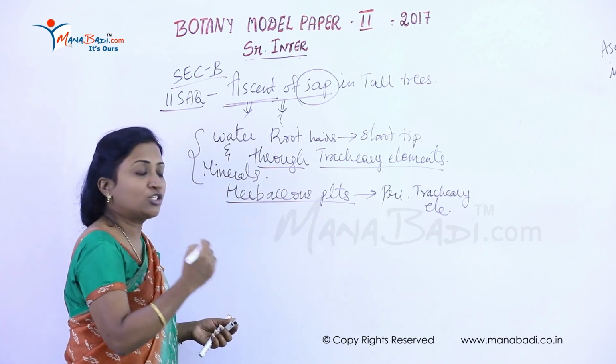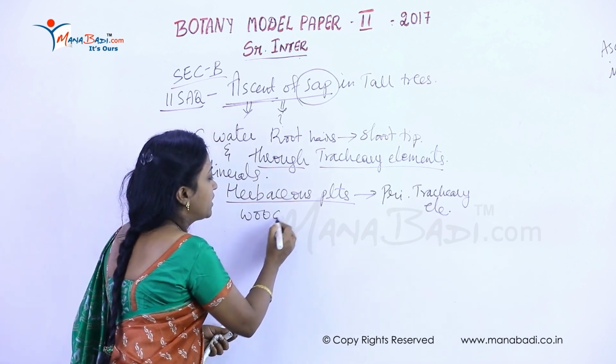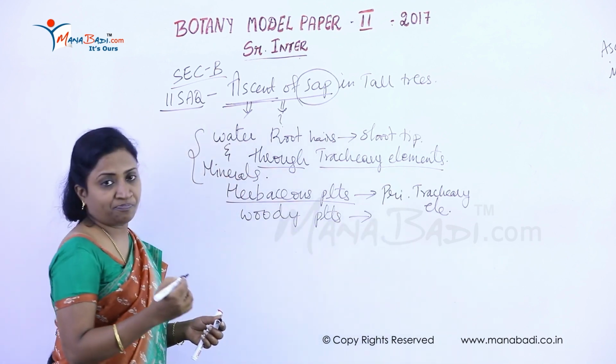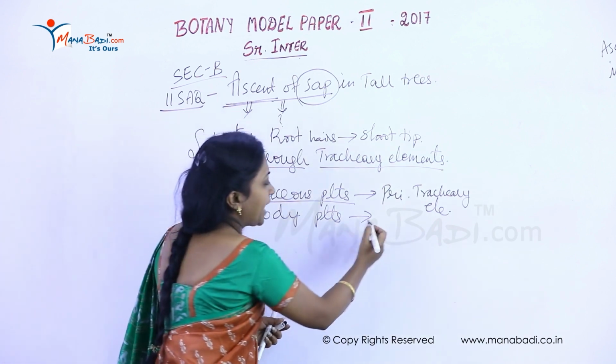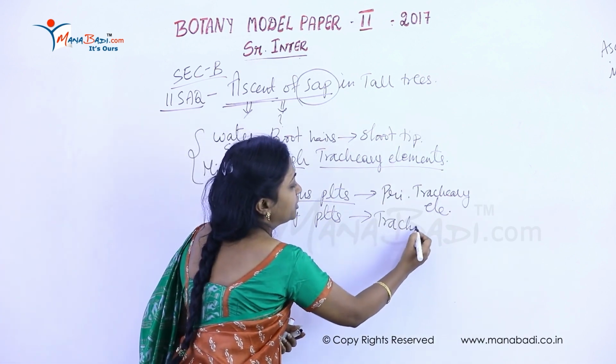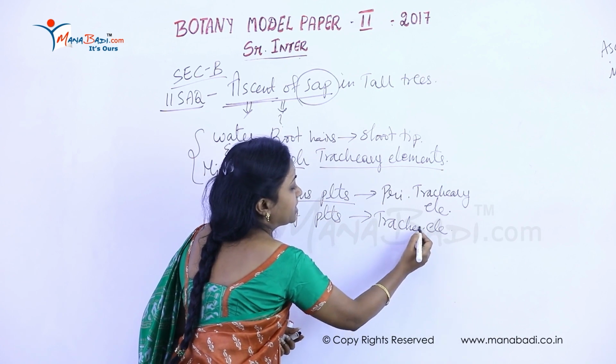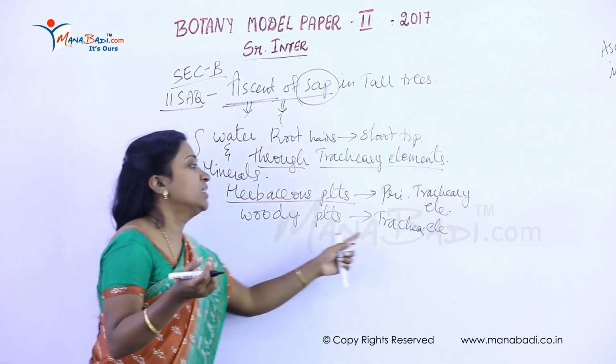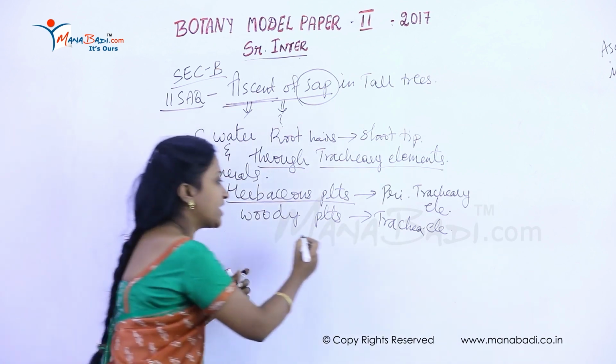When coming to woody plants, the conduction is carried out by the mature tracheiary elements. The conduction of water and minerals is through tracheiary elements. Where are they present?